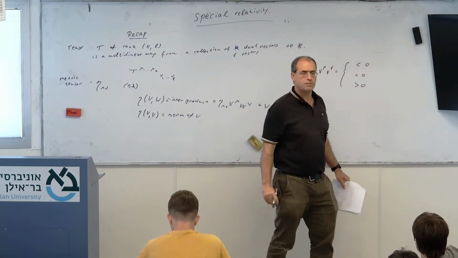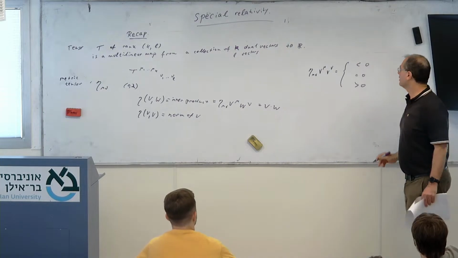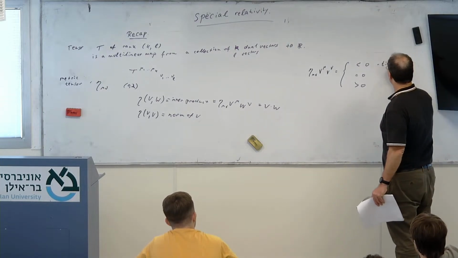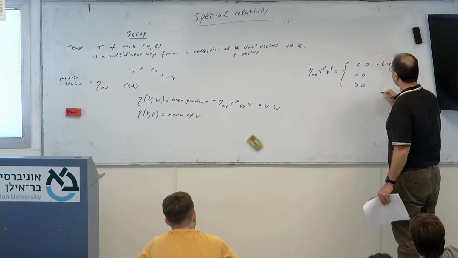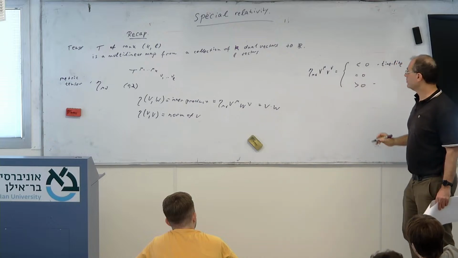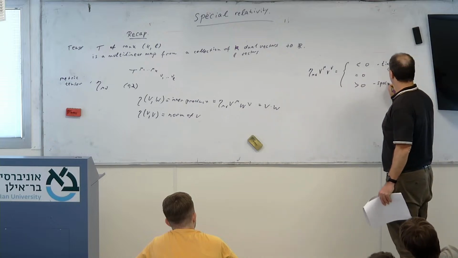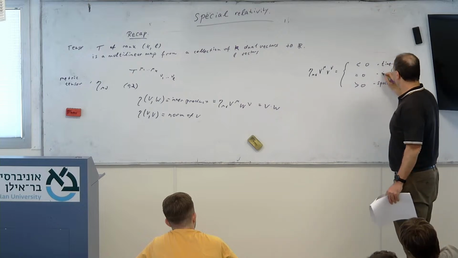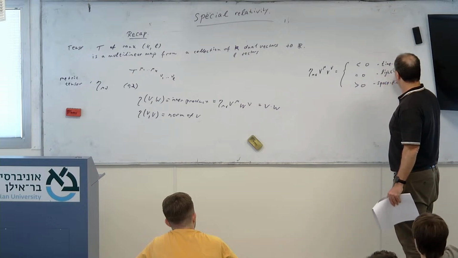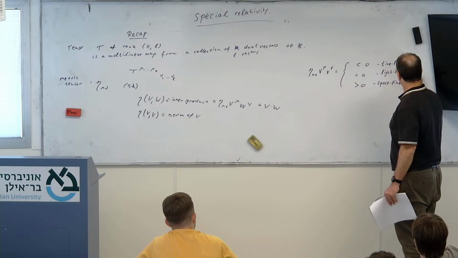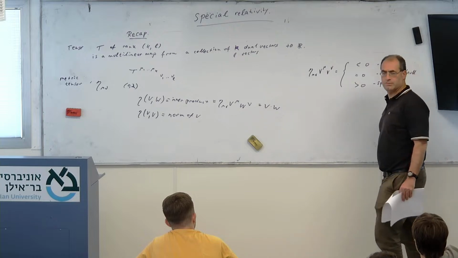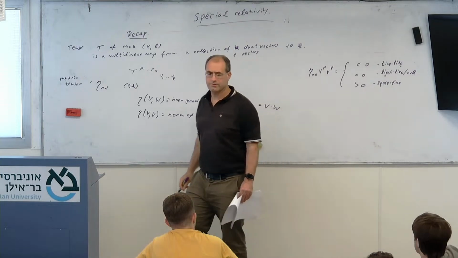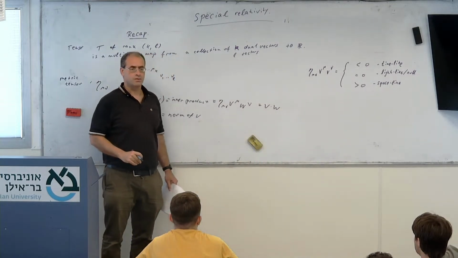If it's smaller than 0, we call it time-like. If it's greater than 0, we call it space-like. If it's equal to 0, we call it light-like, or null. Why is that? Because vectors that describe light are always null vectors.